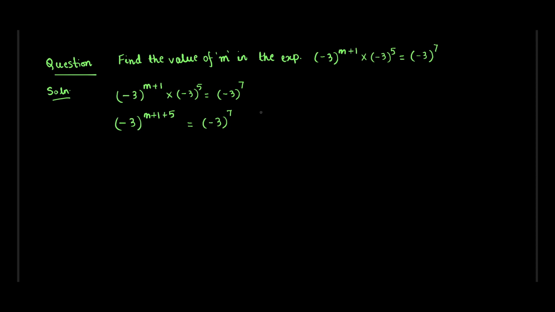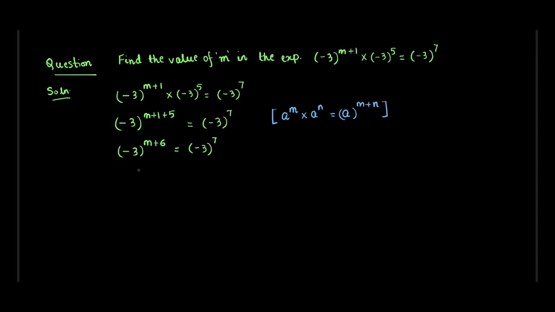Just in case you don't remember the formula, we have used this formula that a to the power m into a to the power n is equal to a to the power m plus n. So this is the formula I have used over here. So now it becomes minus 3 to the power m plus 6 is equal to minus 3 to the power 7.